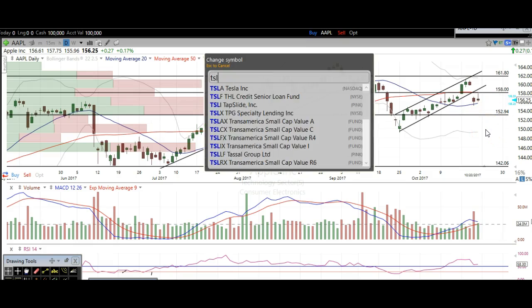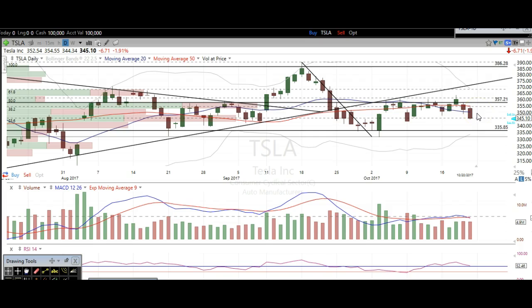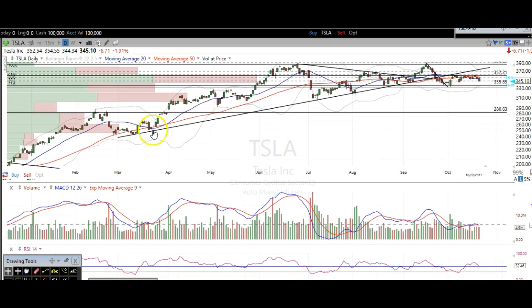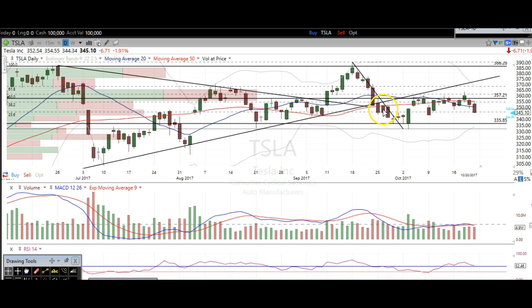The next one is Tesla, and Tesla is another one here that we called for downside. We called for downside here because, as you can see, we had this trend line. Here's a bounce, there's a bounce, there's a bounce, here's a bounce, and then we ended up breaking below that trend line right there, and that was not very healthy action.